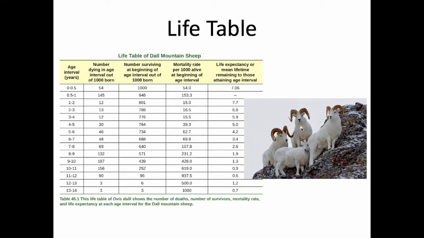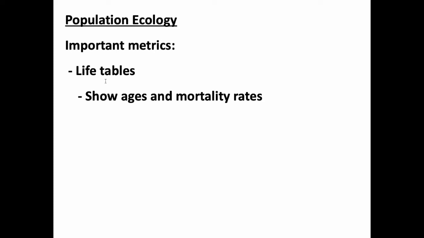This is the Dall mountain sheep, just as an example, showing how many individuals are of each age increment, and you can look at the mortality rates as they get older. They're all alive when they're born, and as you get older and older, the numbers start to drop off. But this is just a way to organize things. You should just know that this is called a life table, something showing ages and mortality rates within a population.